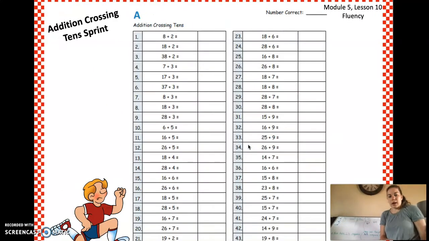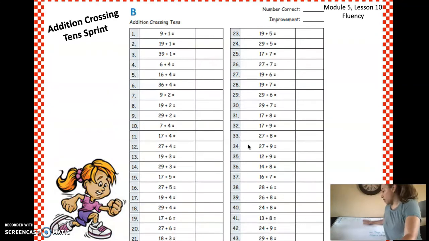So now we're on part A of our sprint. For part A, you have addition crossing the 10 sprint. So you're going to pause this video and start a timer for 2 minutes. When the timer goes off, you will start it again and get ready for part B. Alright, good luck everybody. Alright.